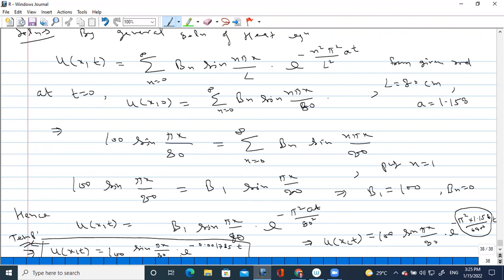100 into e to the power this one, but at t equal to 0 it will be e to the power 0, so only 100 will be the temperature. Understood? But as the time passes, because sine pi x by 80 should be maximum, its maximum value is 1 only, so that we can write.